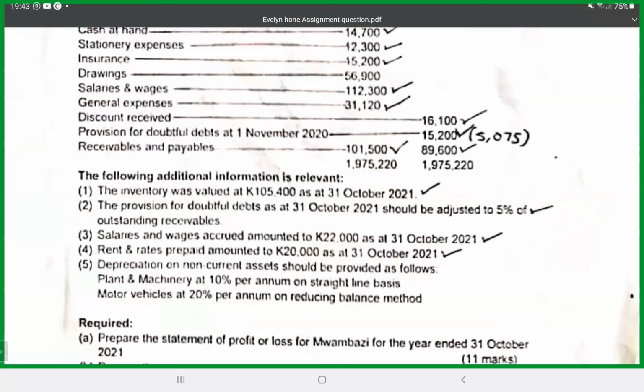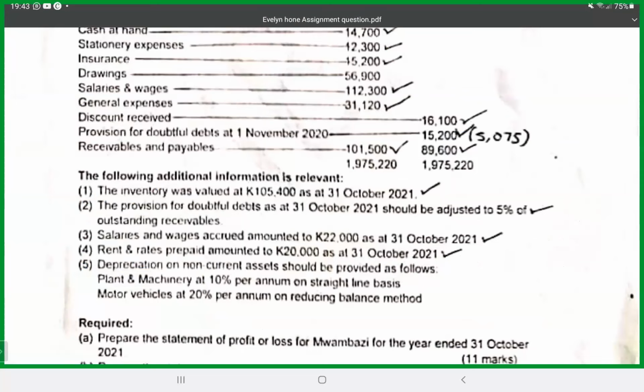How much was the provision for doubtful debt at the beginning? 15,200. Are you able to see it?